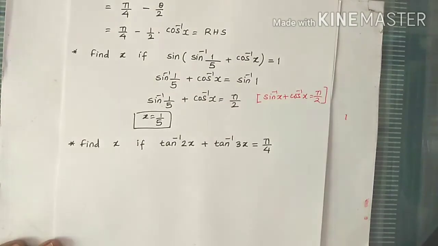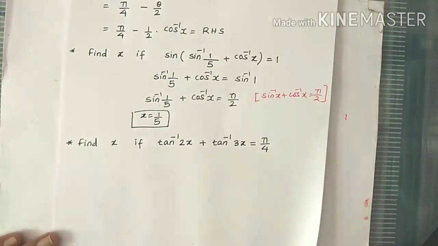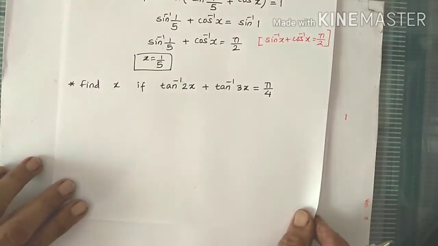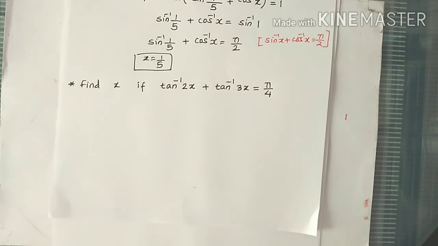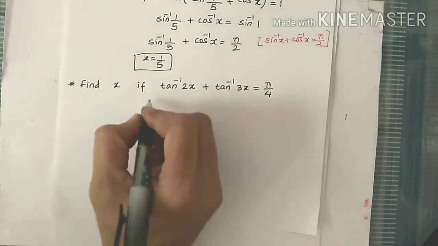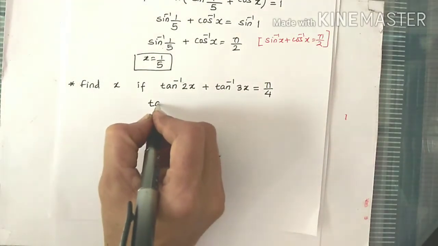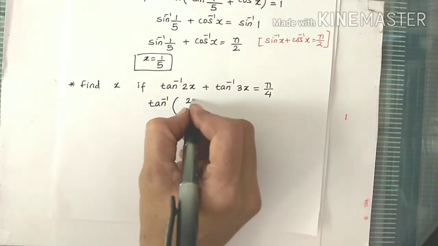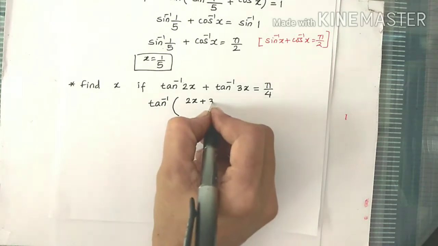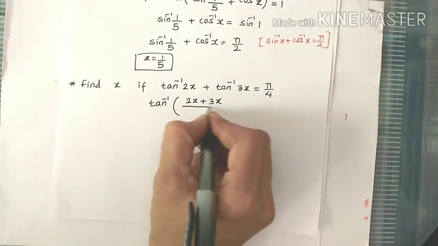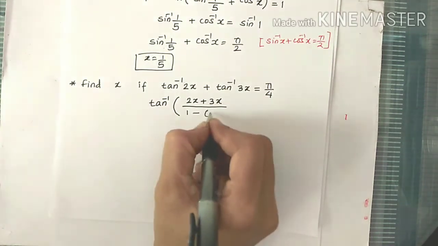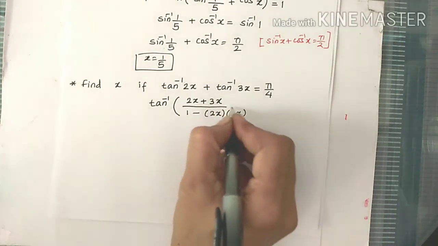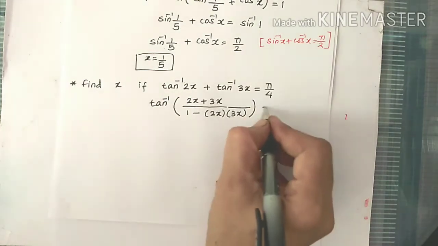Okay. Next question is find x if tan inverse of 2x plus tan inverse of 3x is equal to pi by 4. Now tan inverse plus tan inverse, let's use the property. And this becomes tan inverse of, first we have to add the terms, that is 2x plus 3x divided by 1 minus the product of these two terms, that is 2x into 3x, and that is given as pi by 4.